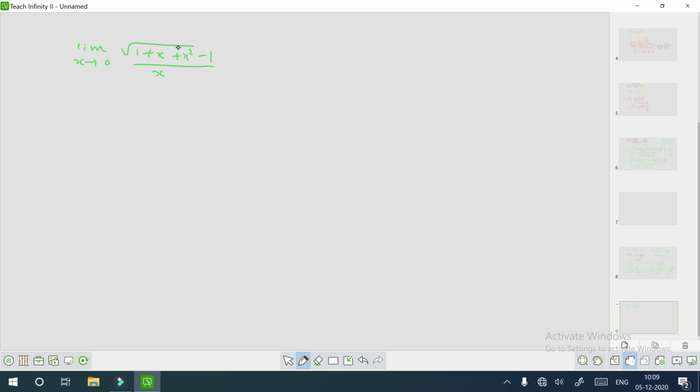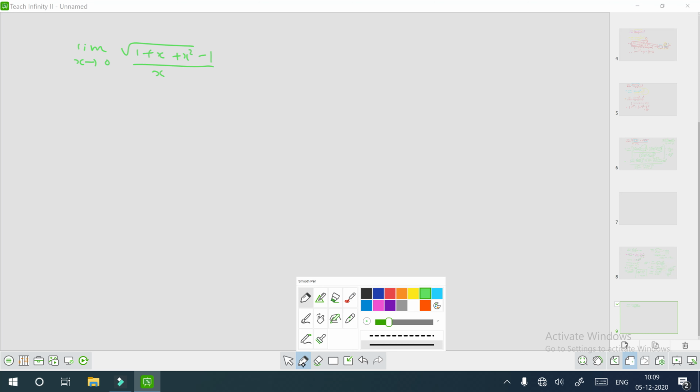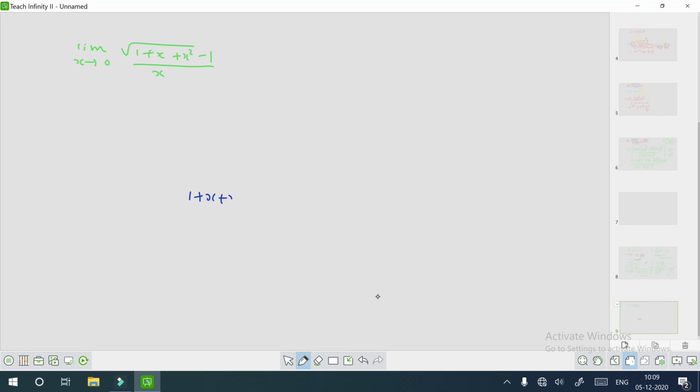But see here, here we are not able to arrange in that form, (1 plus x square) raised to 1 by 2. So this variable is given to us, but in the denominator quantity only single x is there. We are not able to arrange 1 plus x square in denominator quantity.